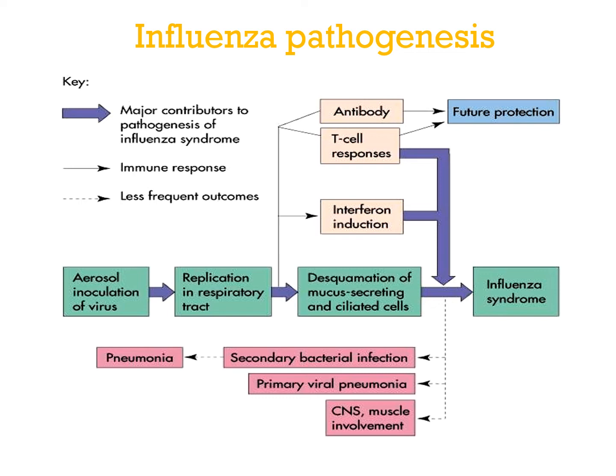As a result, it's going to lead to desquamation of the mucus secreting cells and ciliated cells, and it's going to lead to killing of the ciliated cells. And then influenza syndrome is going to appear, which is characterized by runny nose, mild fever, coughing, sneezing, myalgia, arthralgia.